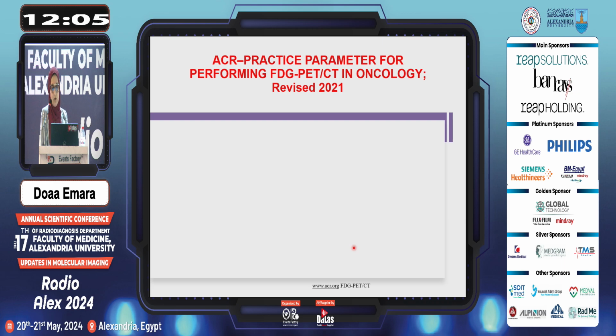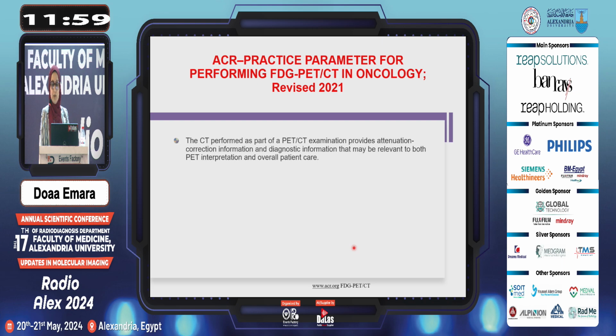According to the American College of Radiology practice parameters for performing FDG PET-CT in oncology, the CT component of PET-CT is used either for diagnosis or for attenuation correction and anatomical localization. If it's used for attenuation correction, we have to use low-dose CT without affecting the image quality in order to reduce exposure dose.